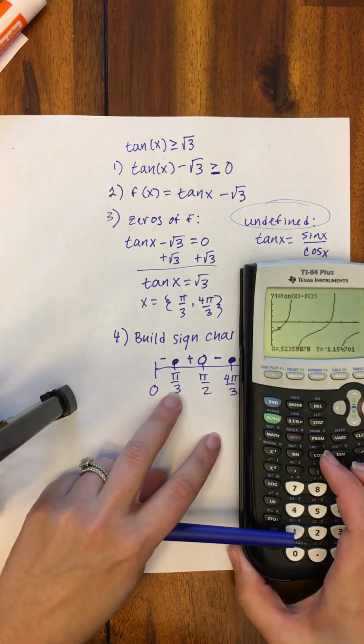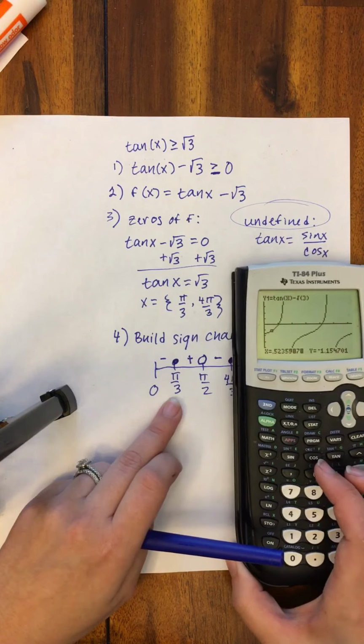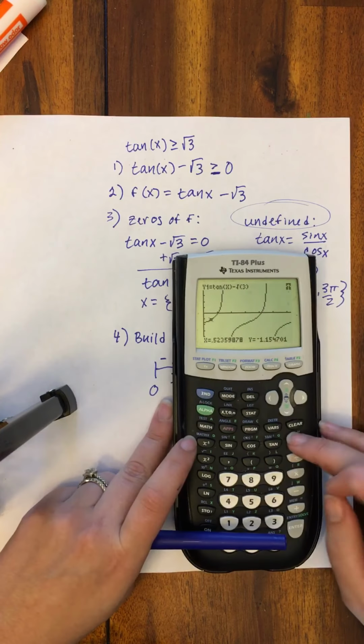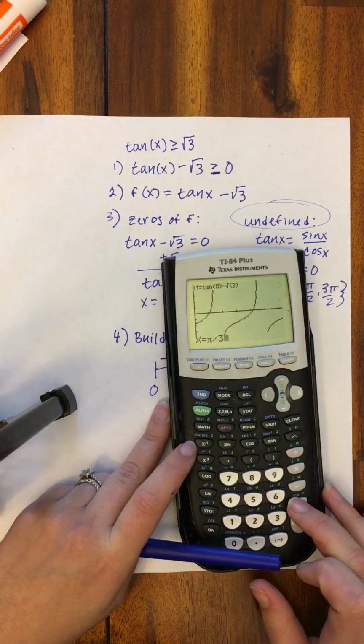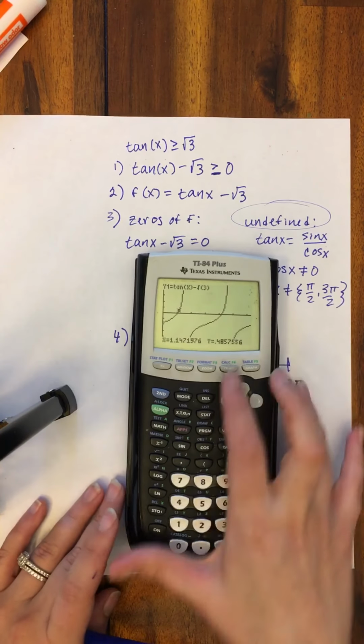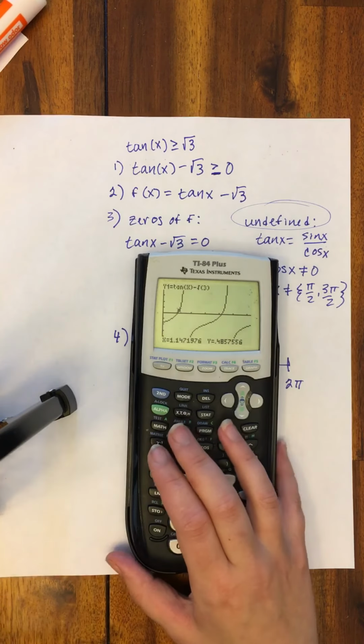Then you'd have to test something between pi over 3 and pi over 2. Let's just be creative here. We'll say pi over 3 plus 0.1. So that made it a little bit bigger, right? That's a positive value. And you could keep going with this.